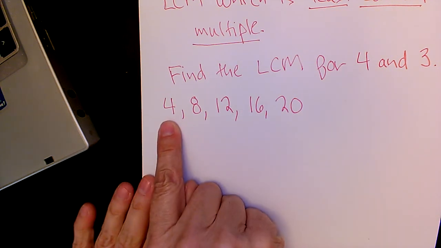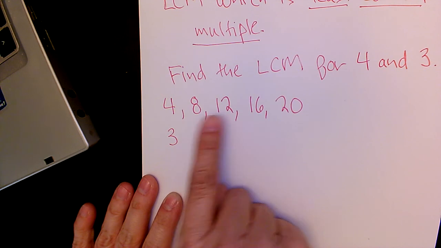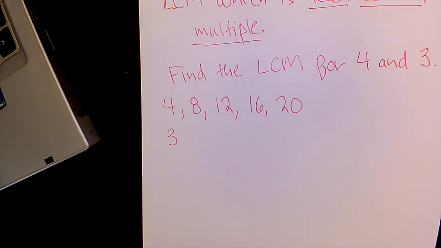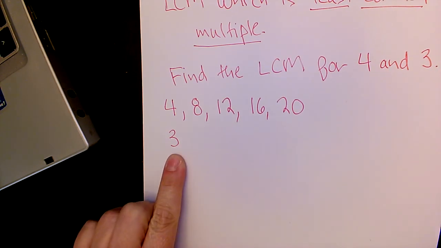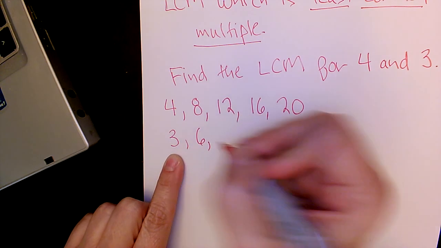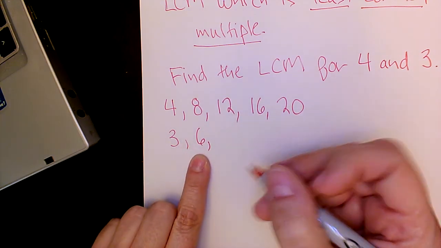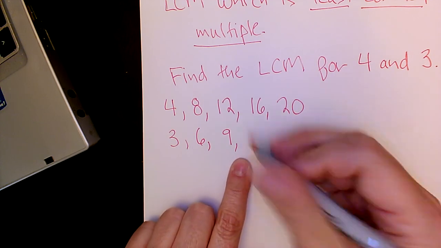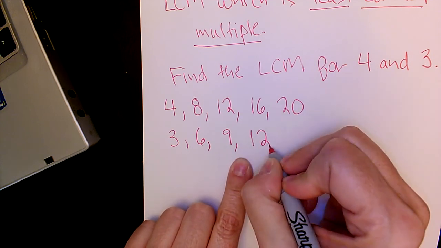So remember, that's 4 times 1, 4 times 2, 4 times 3, 4 times 4, 4 times 5. I'm just going to stop there. Okay, for 3. 3 times 1 is 3. 3 times 2 is 6. 3 times 3 is 9. 3 times 4 is 12.